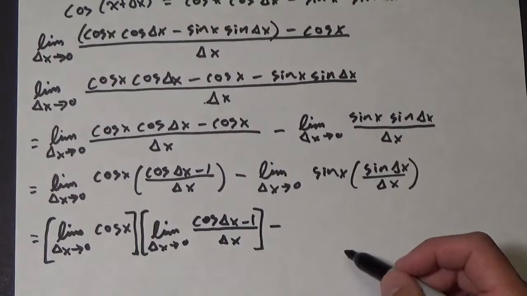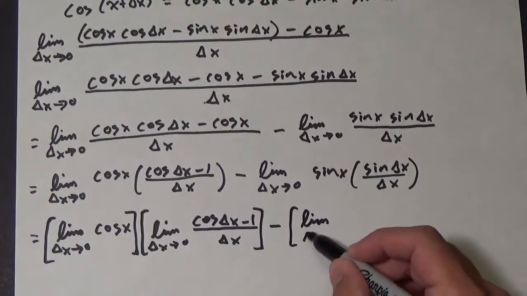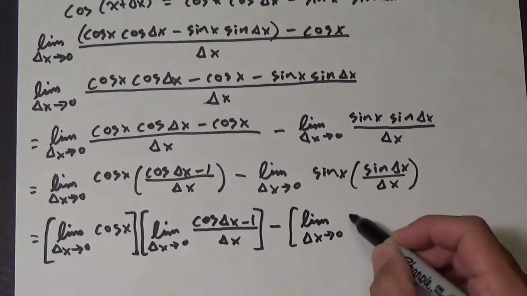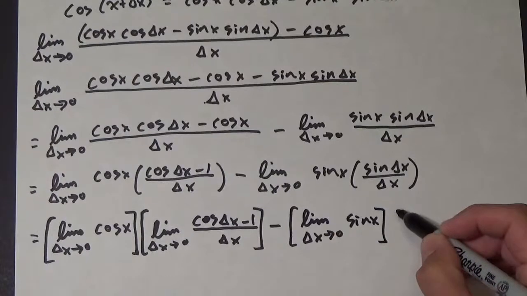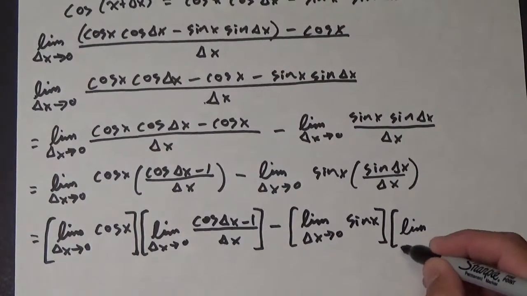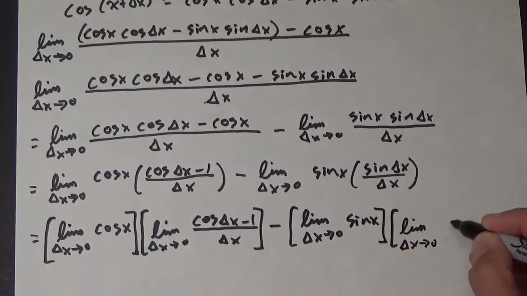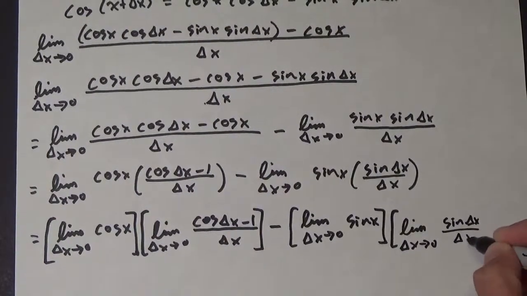Then we're going to subtract from that the limit as delta x approaches 0 of the sine of x, and then multiply that by the limit as delta x approaches 0 of the sine of delta x all over delta x.